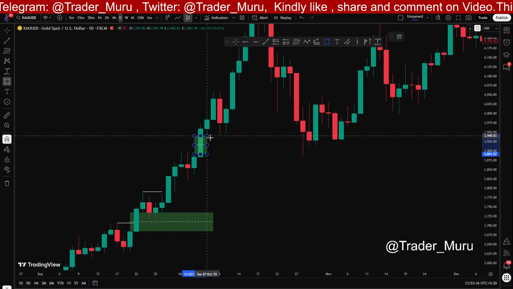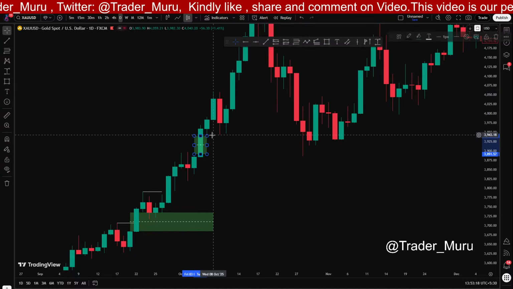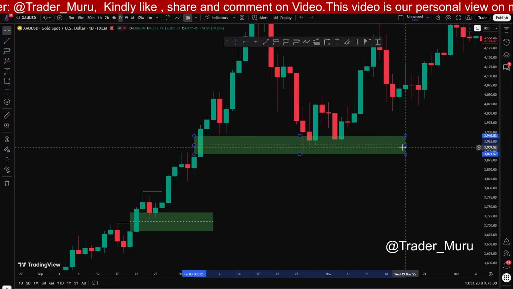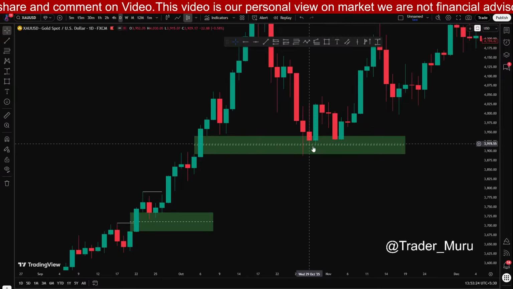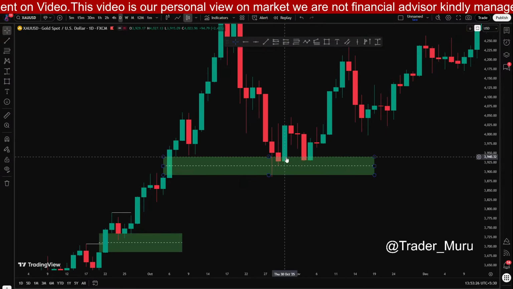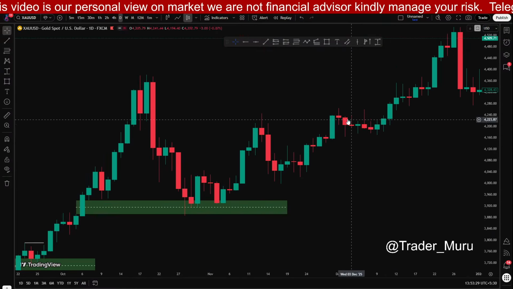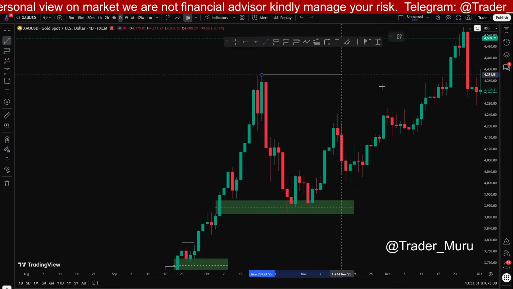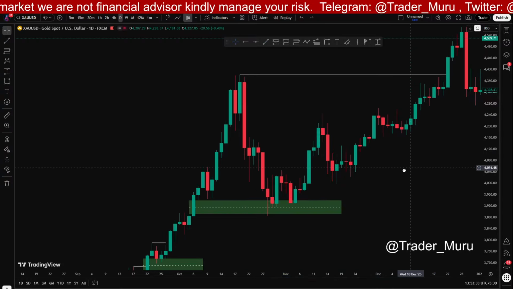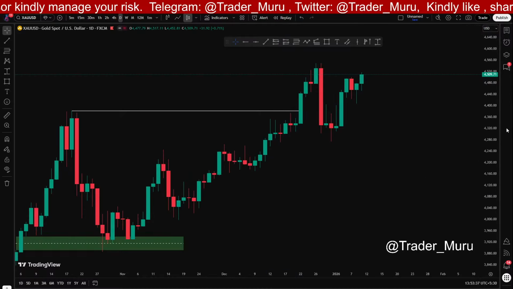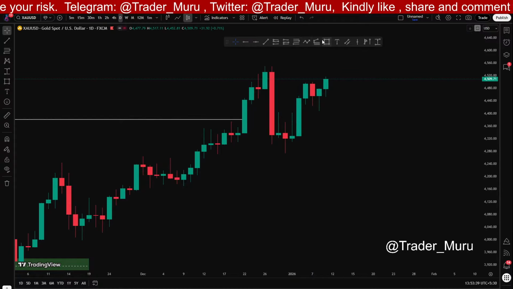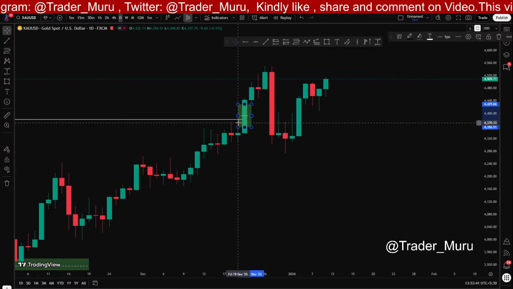This is again a FVG. Price should not close 50% below it. See this? Still holding a 50% area of FVG. So this is still bullish. But sometimes there is this one.